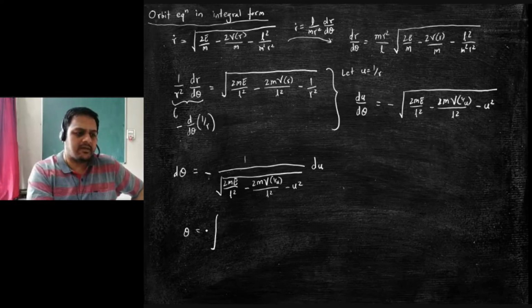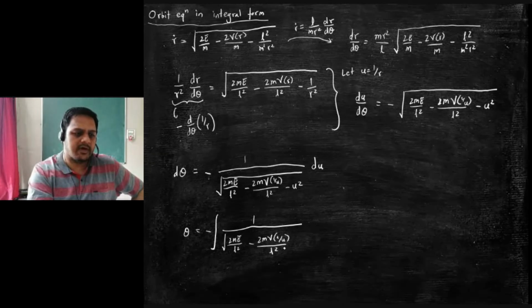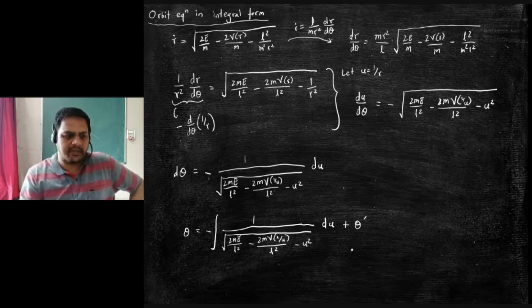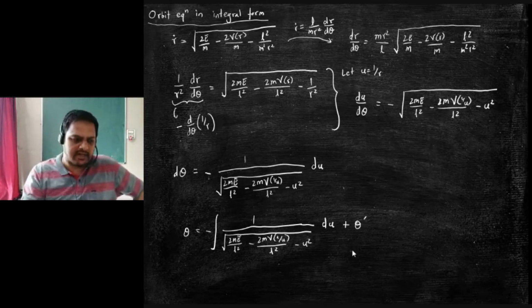minus integral 1 over square root of 2m e by L square minus 2m v by L square minus u square du plus an integration constant which I am going to call theta prime. We are leaving it as an indefinite integral.